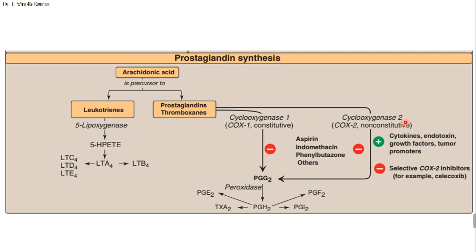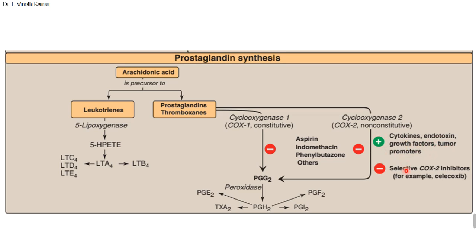And cyclooxygenase 2 is also another enzyme. COX1 is a constitutive enzyme and this is a non-constitutive enzyme, and this enzyme is induced by cytokines, endotoxin, growth factors and tumor promoters. These are all the factors inducing this enzyme activity.